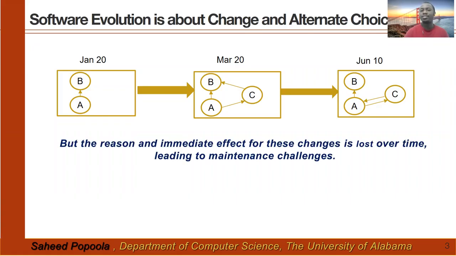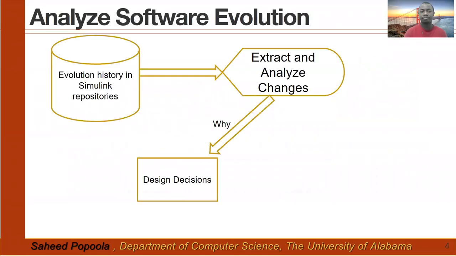But the reasons why the changes were made are usually lost after a long period of time, and this leads to a lot of maintenance issues like repetition of past mistakes, increased maintenance costs, and so on. So my goal in this talk is to present ways to analyze these changes in order to help us mitigate these challenges.